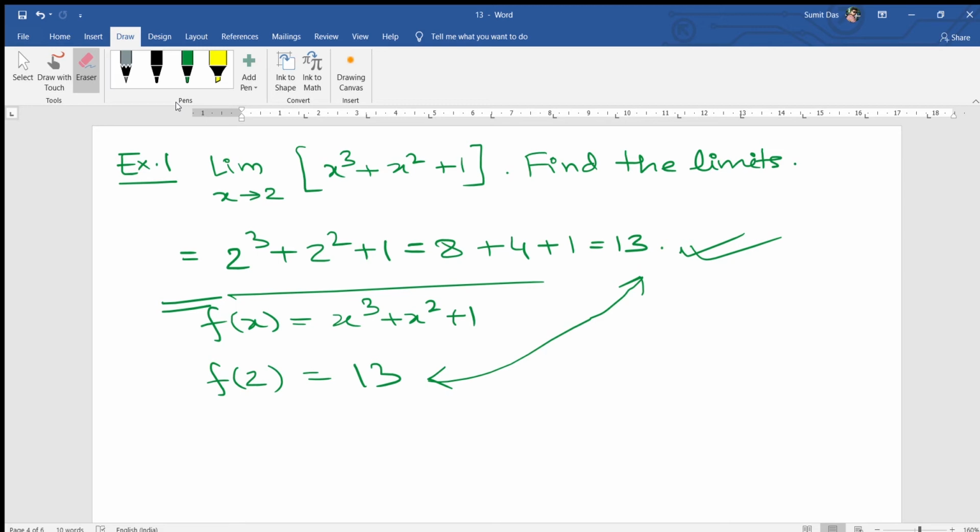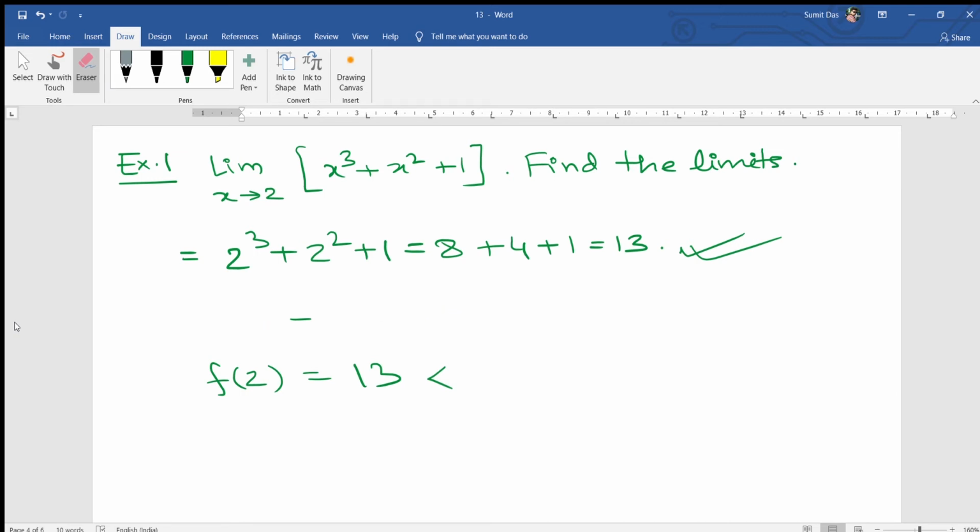So, considering the limit exists, we are finding this value. Otherwise, the limit as x tends to 2 of this and the function value of this would have no difference. The main difference is that here the limit exists, so we can find the value like this. You don't need to worry about anything, because in your book whatever limits are given, all limits exist. So no need to worry about this one.